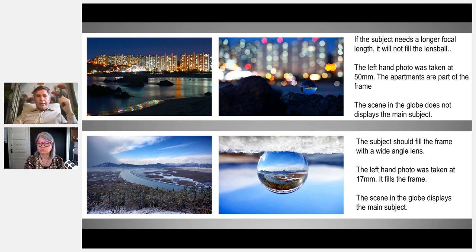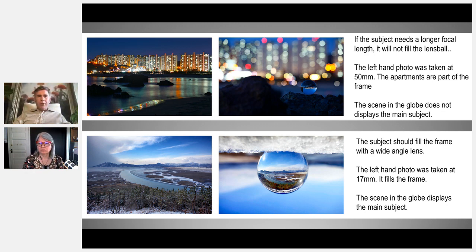Now, if we compare this to another landscape, in order to capture this entire scene, a wide angle lens is required. So 17 millimeters is obviously already very wide on a full frame camera, and that's required to capture this type of landscape.